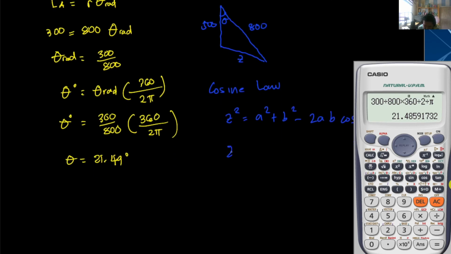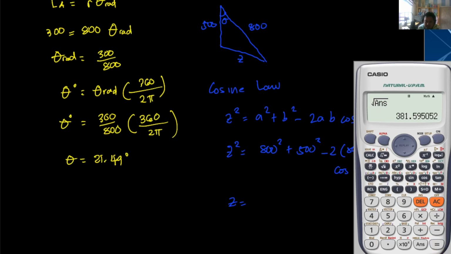Okay? So z squared equals 800 squared plus 500 squared minus 2 times 800 times 500 times cosine of 21.49. So z equals the square root of this.